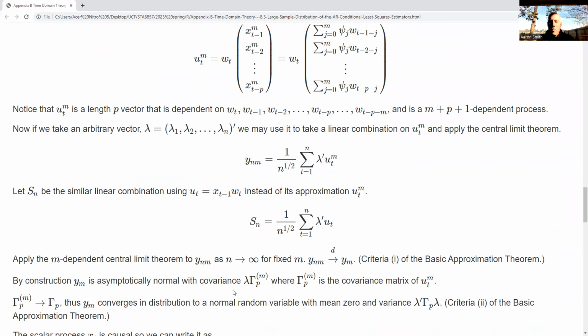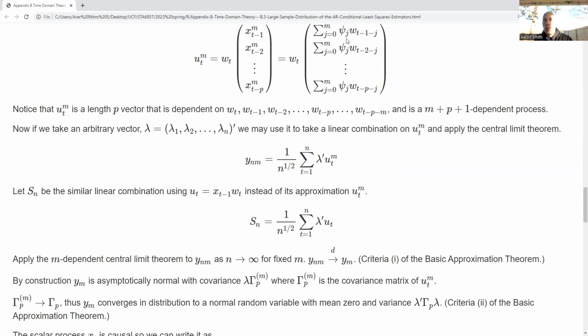And so now, by construction, the distribution of what this converges to will be asymptotically normal with a covariance of lambda times the covariance using the m term. So if I take the covariance matrix here, I know that that's going to be part of the asymptotic normal covariance matrix.